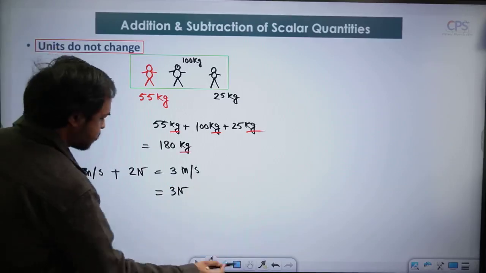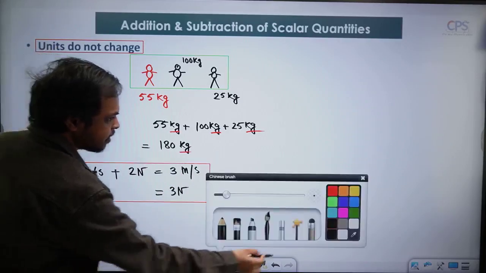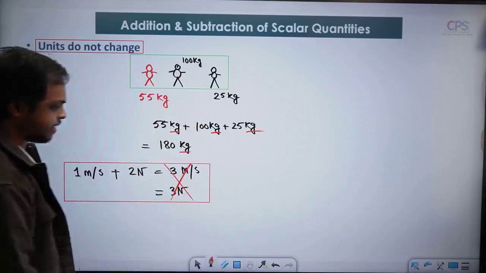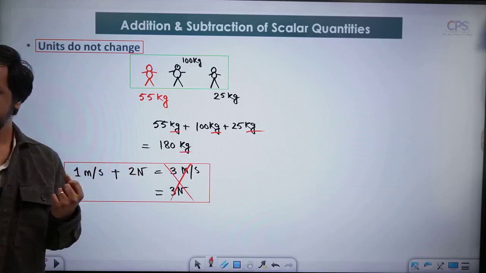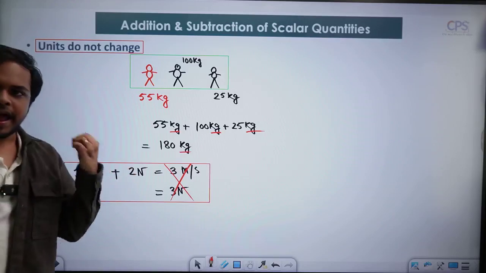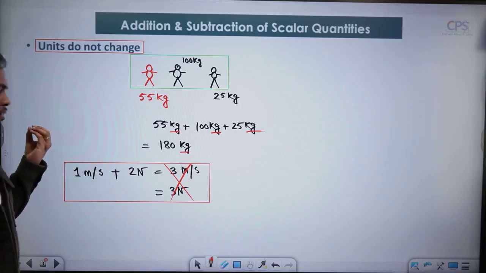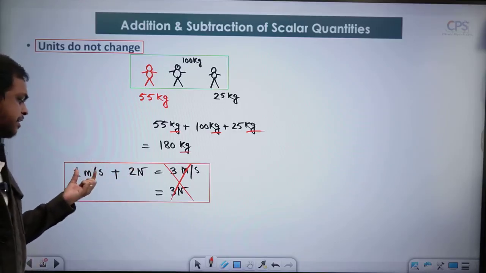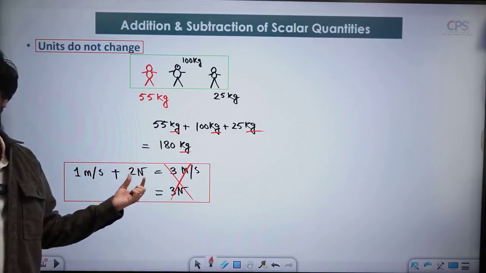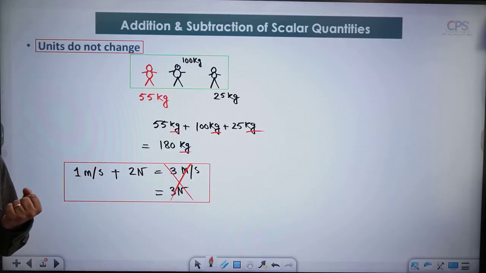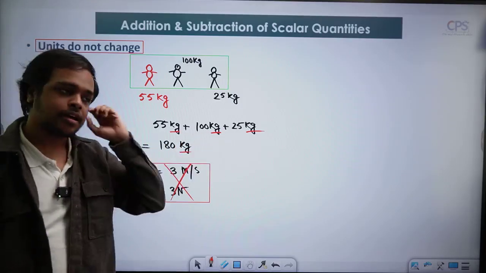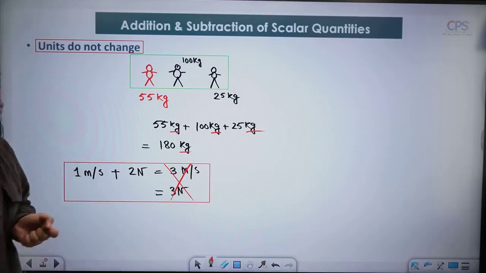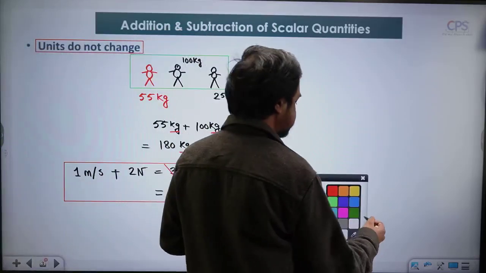This is wrong. So you have to look at the units. You can only add or subtract the same types of things. You can add meter per second with meter per second, Newton with Newton, and kgs with kgs only. You cannot add kg with anything else. So units do not change while adding or subtracting.